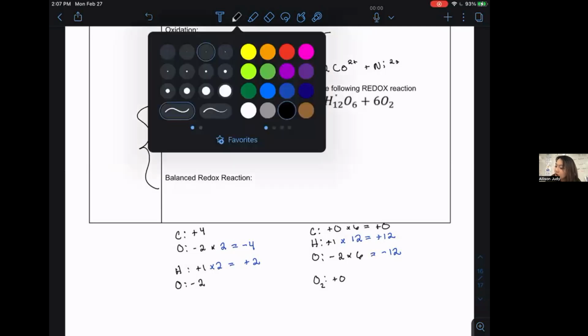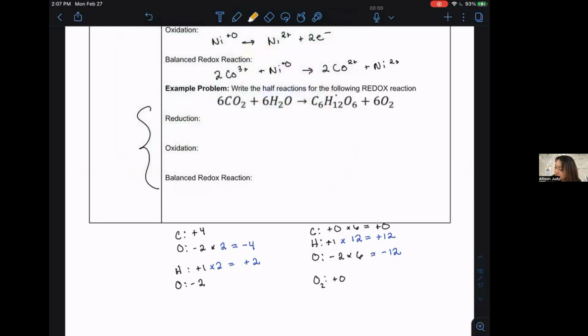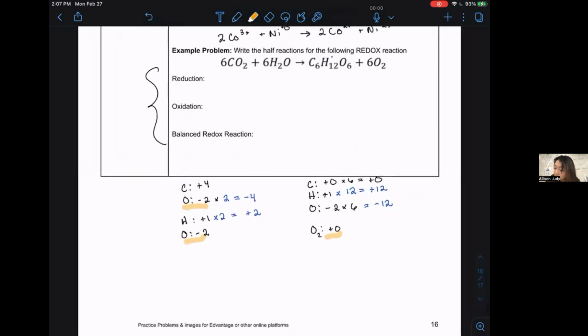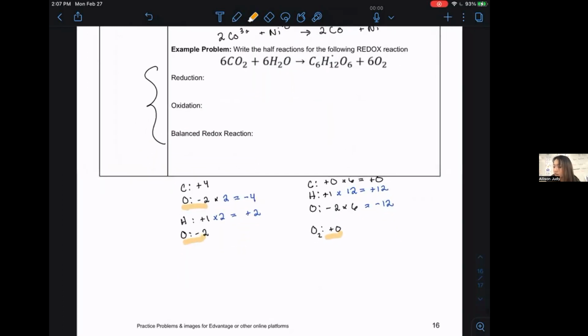Then you look at the oxidation states and say, okay, let's look at what's changed. Oxygen has gone from -2 in both of these to 0, and one form of oxygen has stayed -2, so you know that one subset of oxygen is changing. You look at hydrogen, it stays +1. You look at carbon, and it goes from +4 to 0.